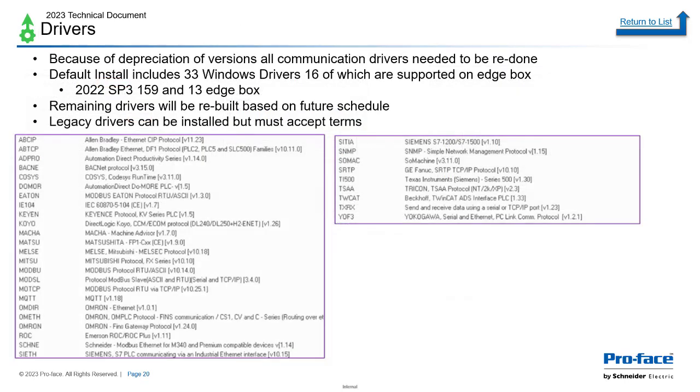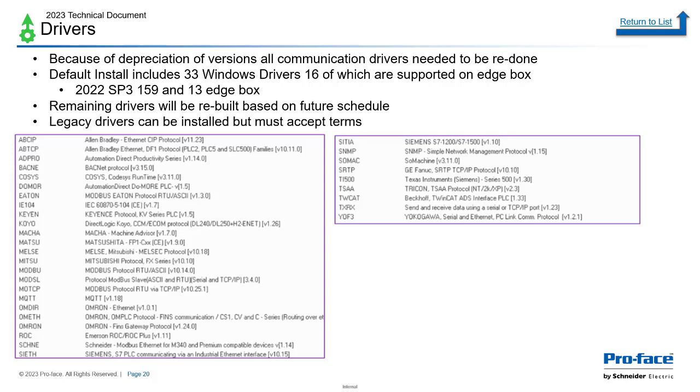Okay. Now, drivers. Because of the deprecation of those versions, as previously mentioned, basically all the communication drivers needed to be redone. So what happened is we took care of 33 of the drivers for Windows, and 16 of those are supported on the Edgebox. And if we go back to version 2022, Service Pack 3, there were 159 drivers for Windows and 13 for Edgebox.